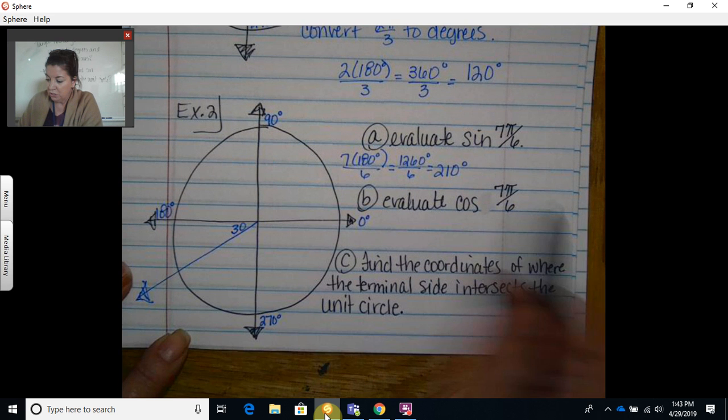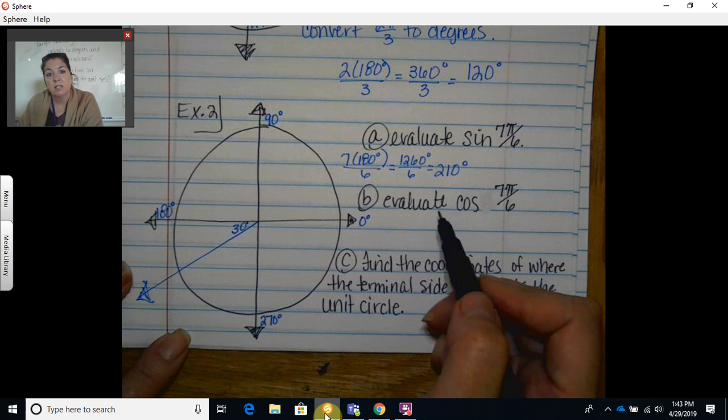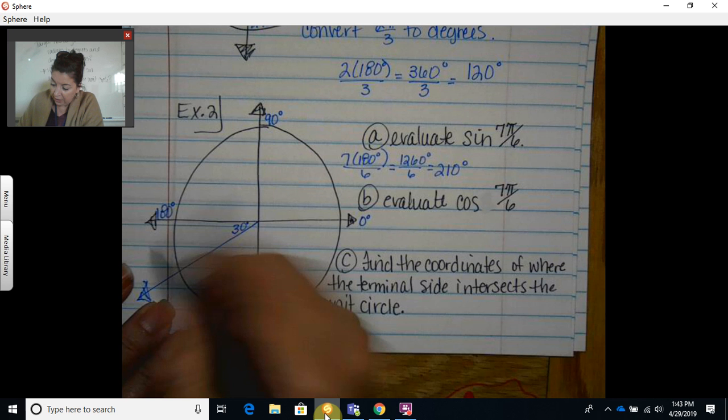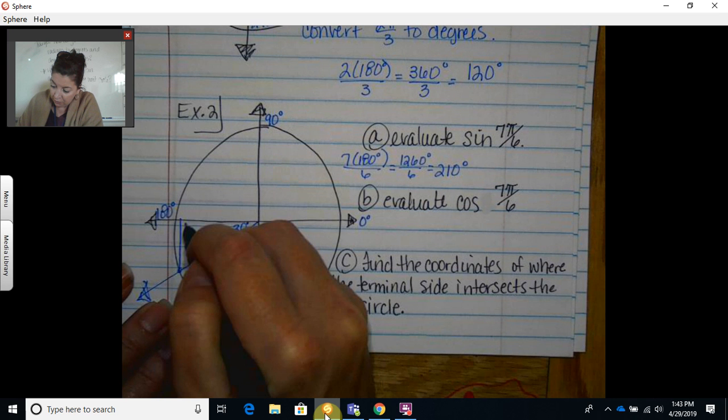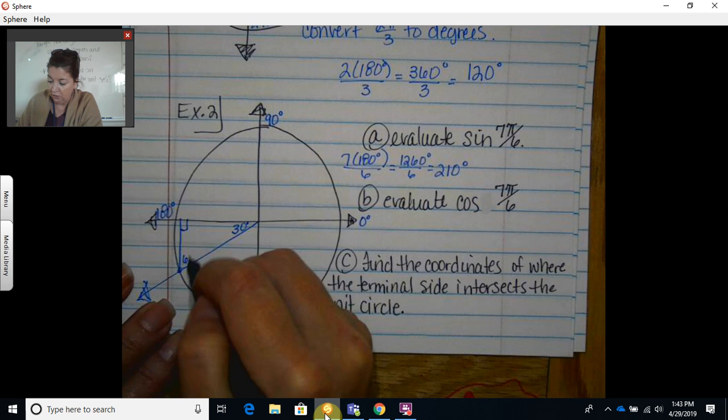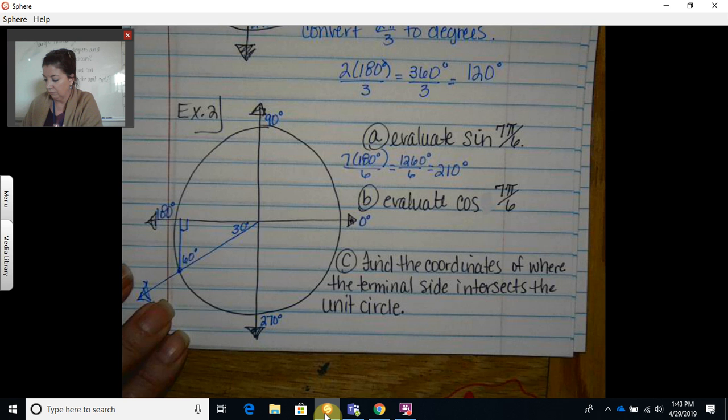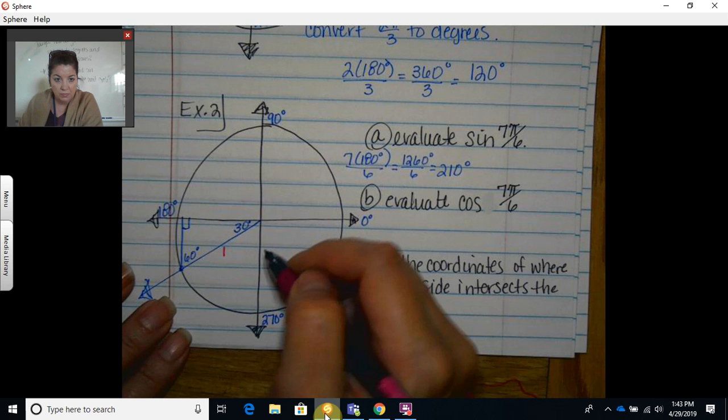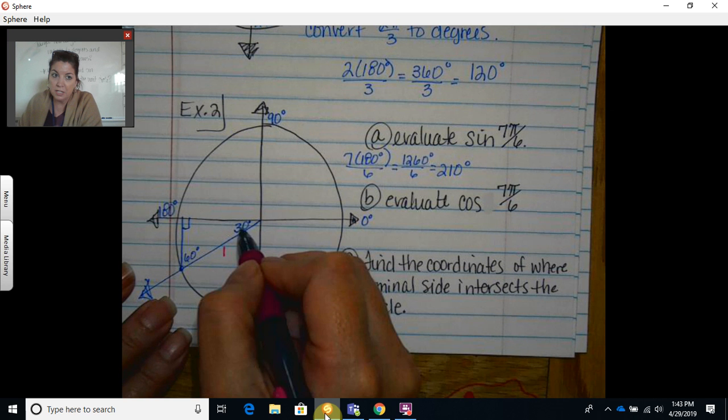So this 30-degree angle, that's our reference angle, which is going to help us form our reference triangle. So obviously this would be a 60-degree angle. So we know our hypotenuse has a length of 1. The shortest side is across from the smallest angle, which is 30 degrees. What's the length of that leg?